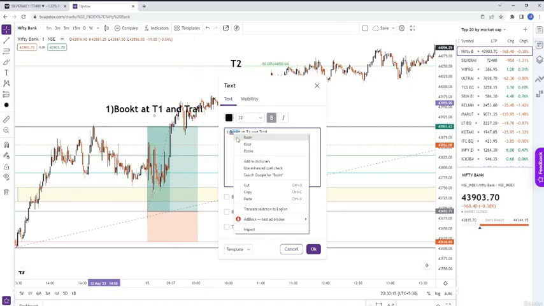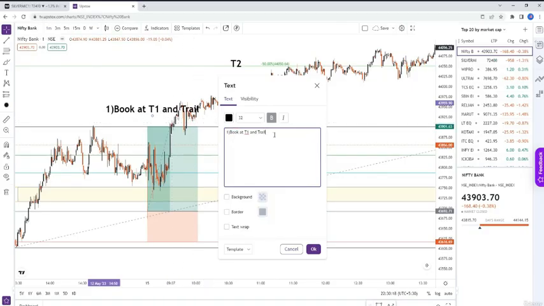How you trail is up to you. Number two, book 50% at T1, and trail the remaining cost to cost and wait for T2. This is the second trader.